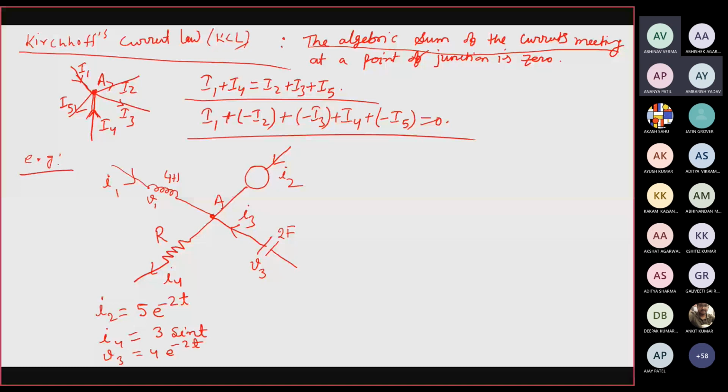So using KCL, Kirchhoff's current law, find V1, that is the voltage across the inductor of inductance 4 Henry.